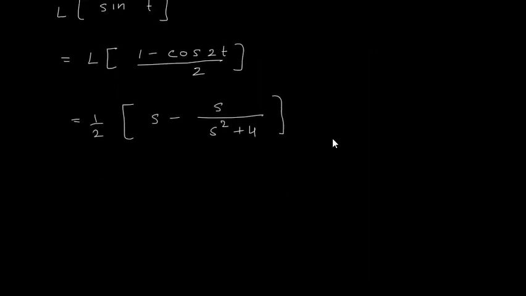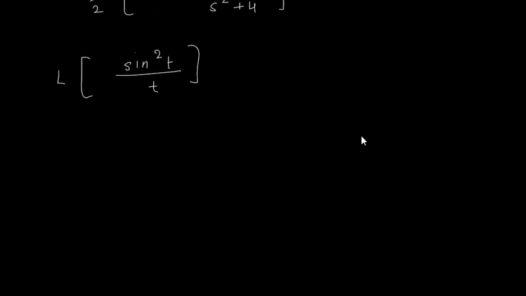Now I will find Laplace of sin square t divided by t. So Laplace of sin square t divided by t will be equal to the integral from s to infinity. This 1 by 2 I will take out.